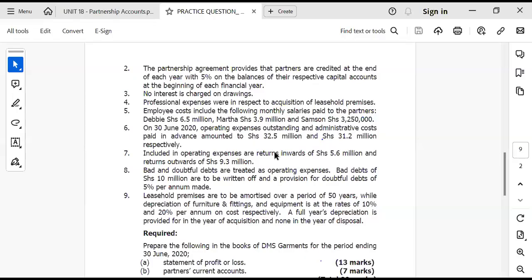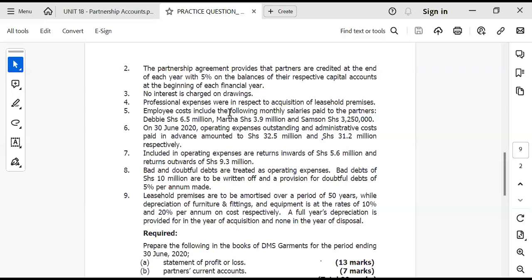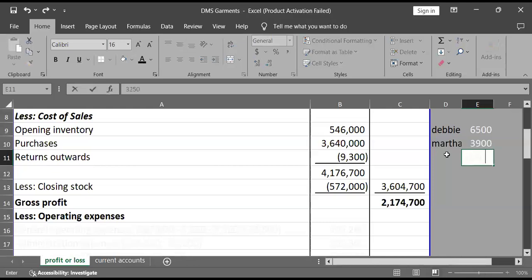The next person, Martha, is paid 3.9 million. I'm abbreviating it, cutting it down to thousands. And then the next person, Samson, is paid 3.25, so 3.25 million for Samson.